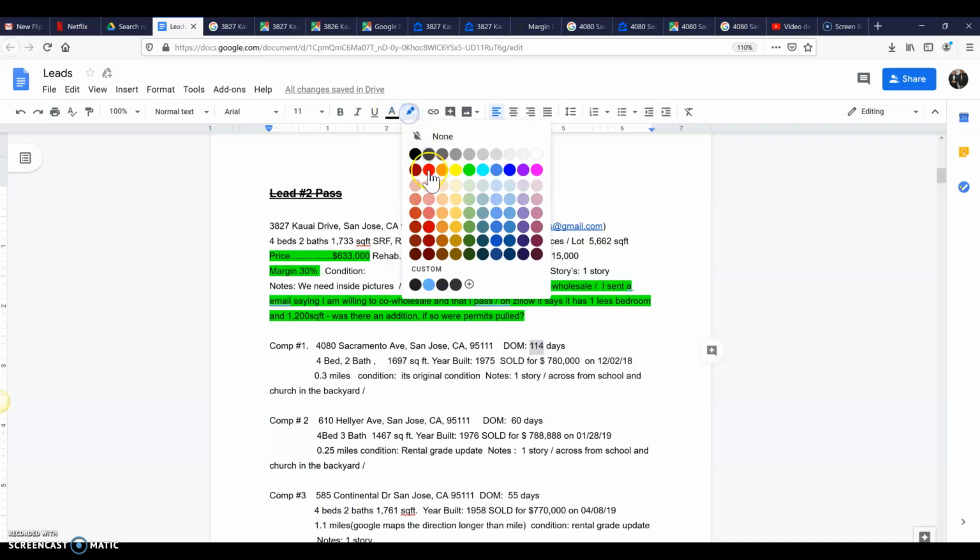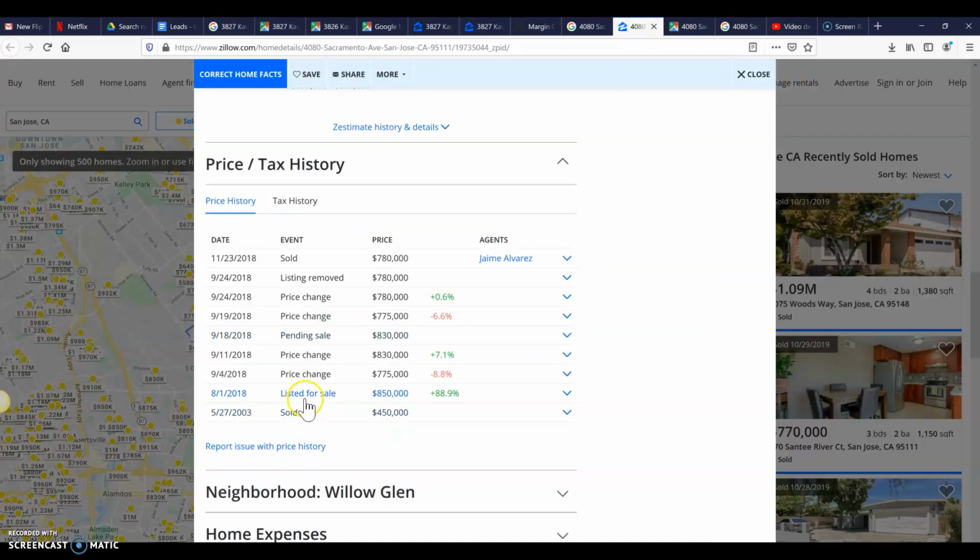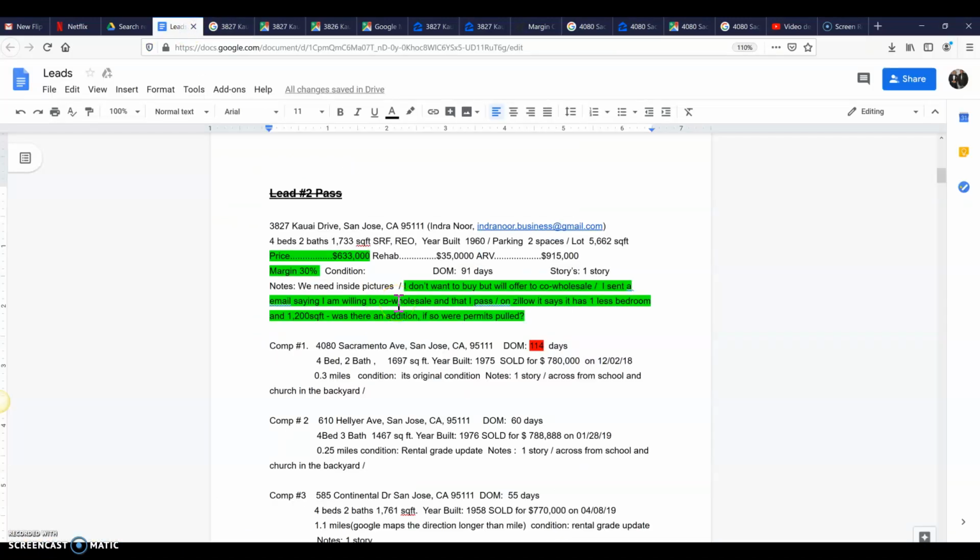So I'm going to do this right now in real time. Listed for sale, it was August 1st over to pending. So it's 30 days plus another 18, so that's 48 days. It's 48 days on the market.